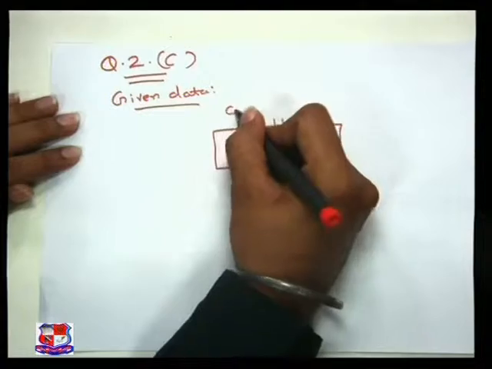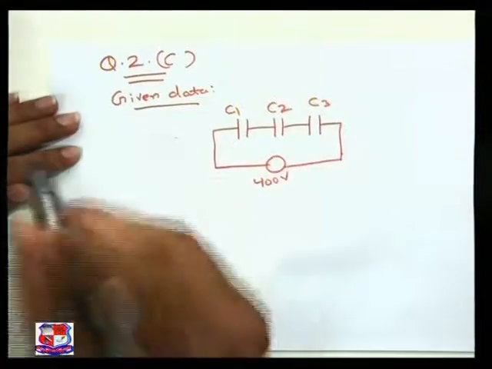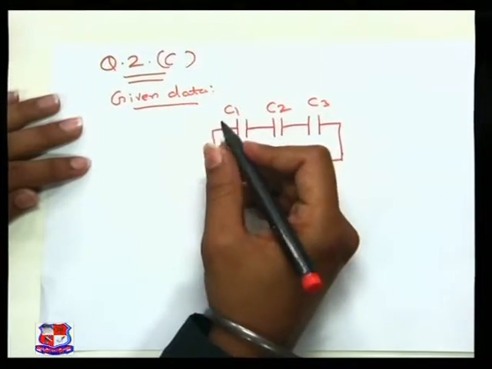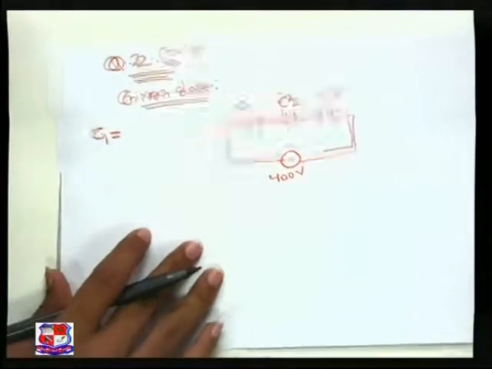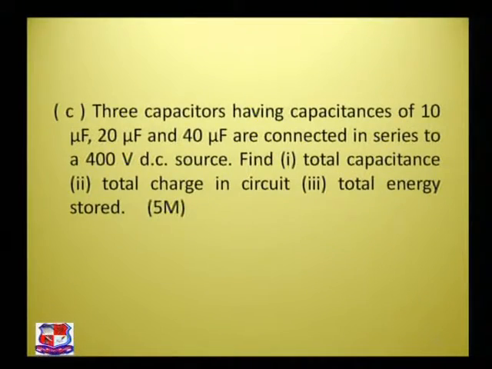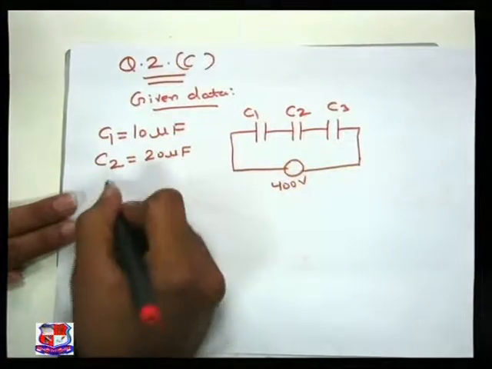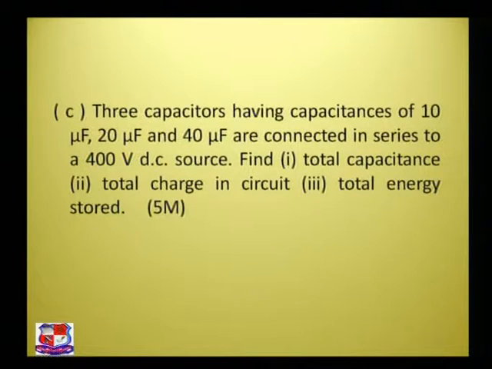I am naming them C1, C2, C3. C1 is given as 10 microfarad, C2 is given as 20 microfarad, C3 is given as 40 microfarad.